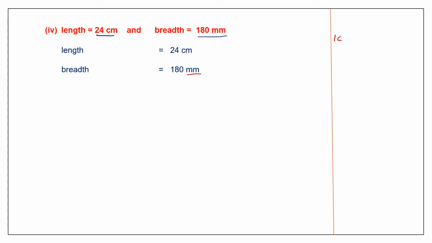So 10 millimeters make 1 centimeter. Therefore, 180 millimeters will be 180 divided by 10. Okay, so we can cancel here. So what do we have? We simply have 18. So we have converted breadth now to 18 centimeters. So now both the units are the same.